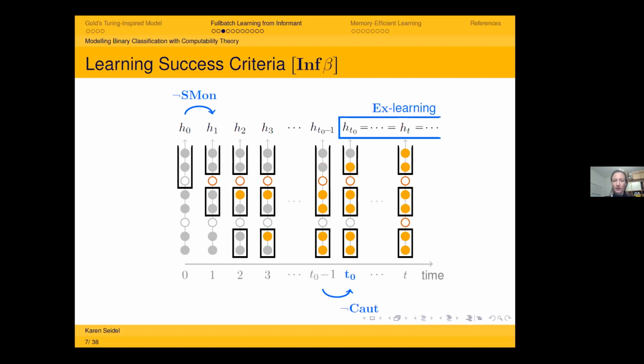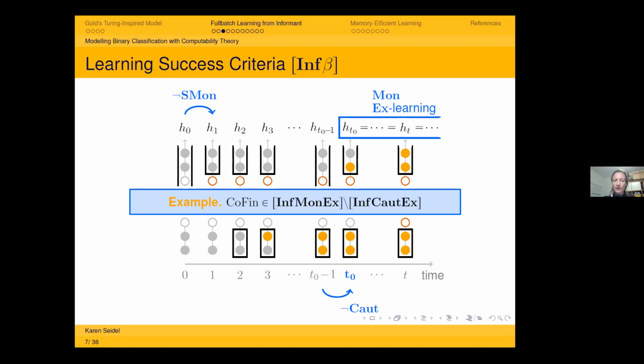Another important criterion is cautiousness, requiring that the algorithm does not go back to strict subsets of its recent guesses. Monotonic learning is very similar to strong monotonic learning, with the difference that we only require the superset relation with respect to the intersection with the language or the concept that we want to learn.